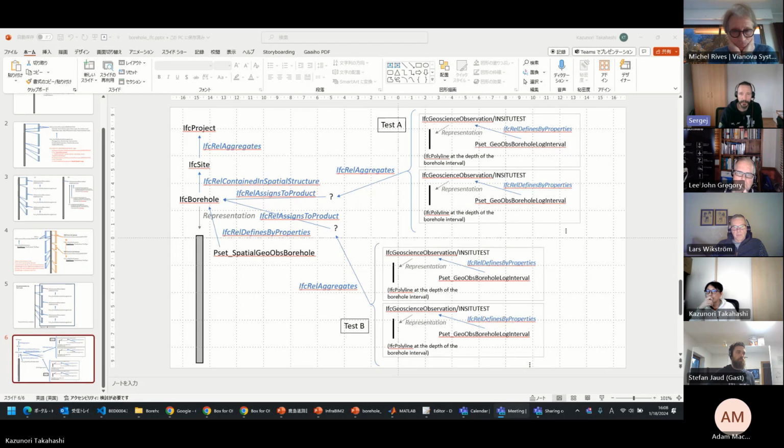But in the end, this is the concept, or let's say many concepts, that would make up a geoscience observation on a borehole. We also already tried a couple of tests with this, but we're not on the technical level yet. We're working out the schema problems.